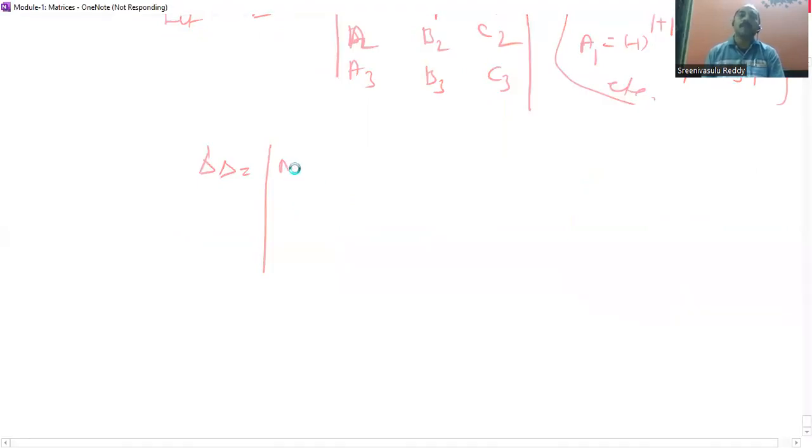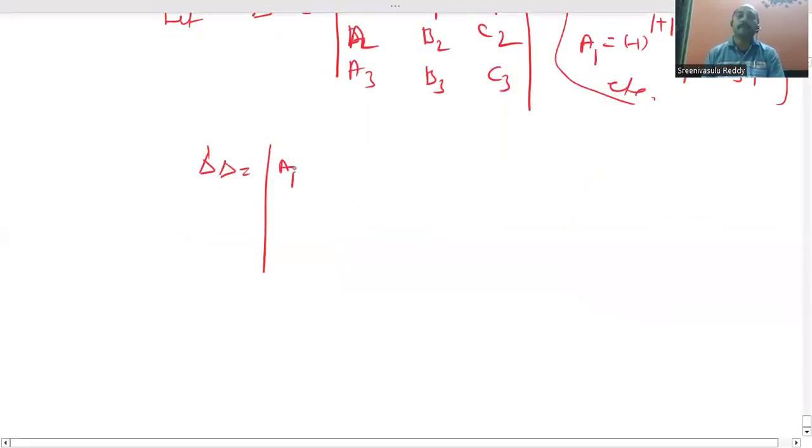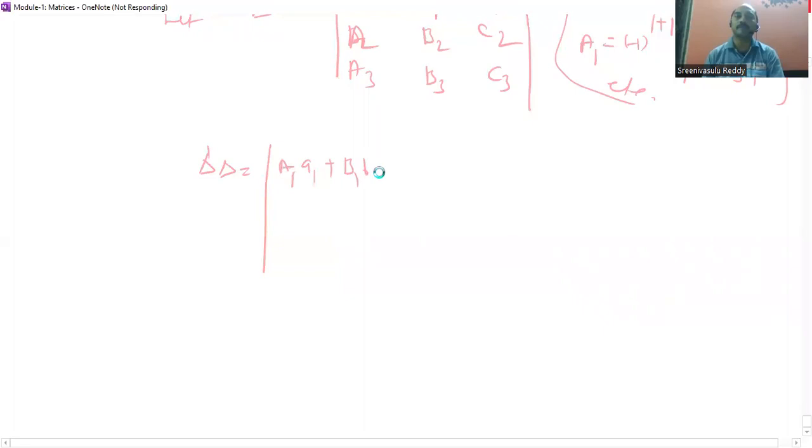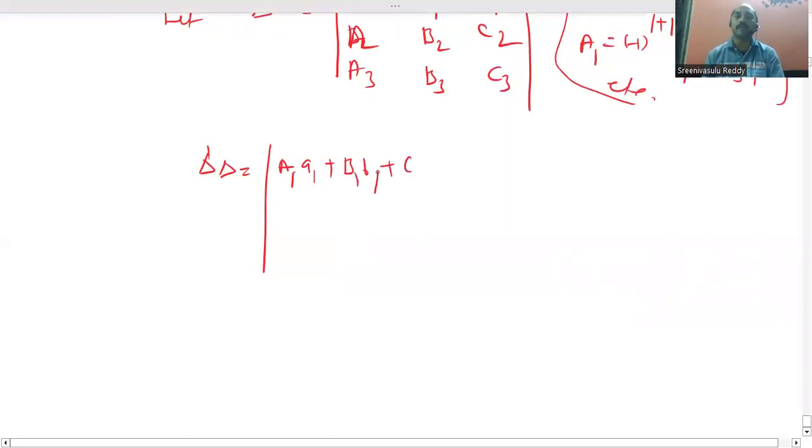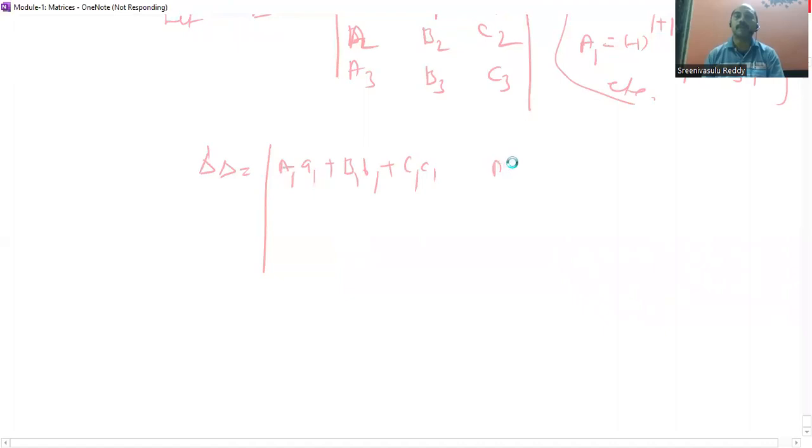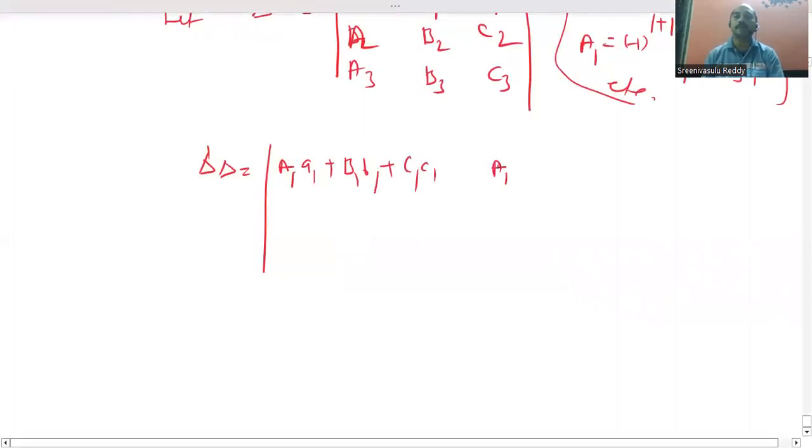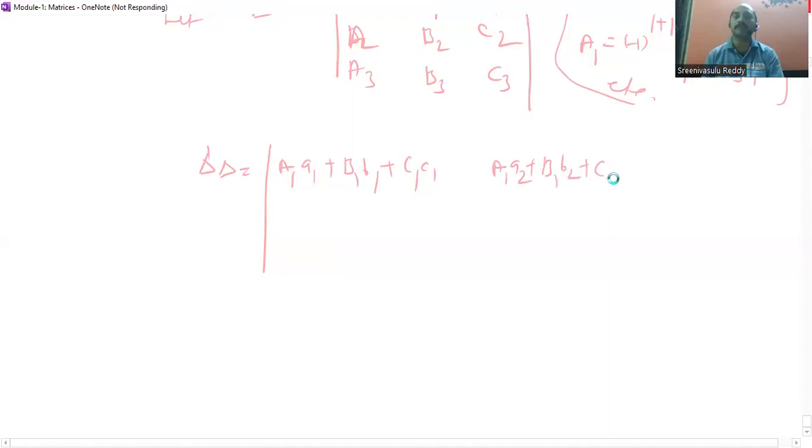Capital A1 into small a1, capital B1 into small b1, capital C1 into small c1. The next entry is capital A1 into A2, capital B1 into B2, capital C1 into small c2.